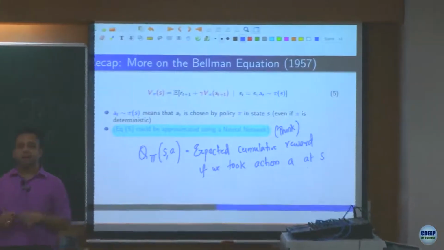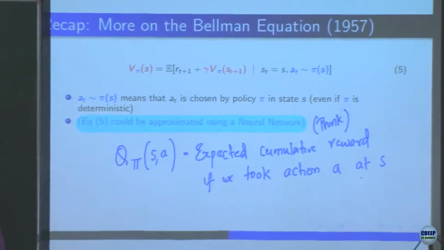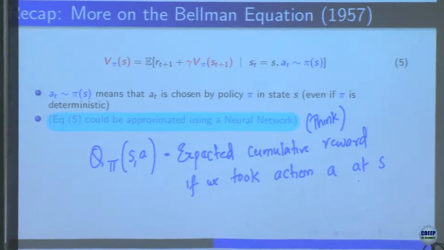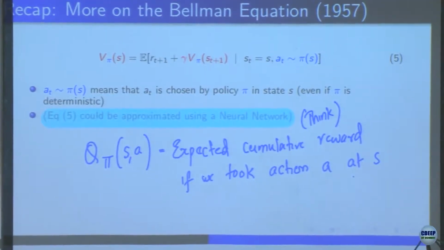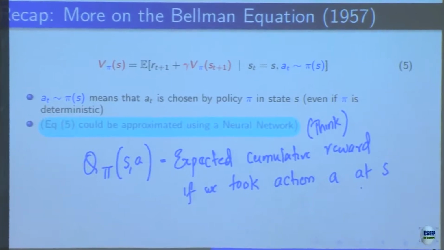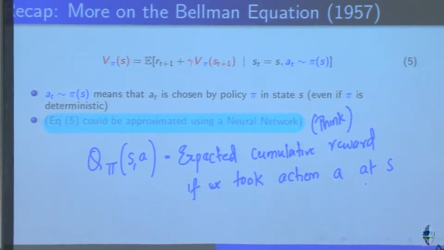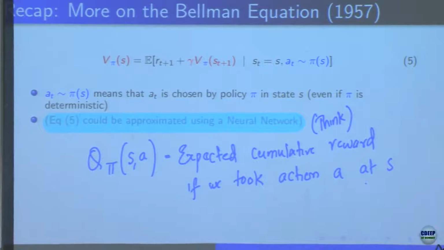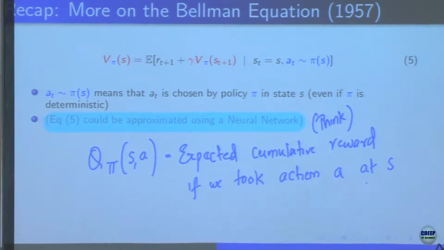Modeling the policy, estimating the parameters of the policy, can be done using a neural network, but the problem we are still talking about is how, given some value function, given some reward function, do I find the best policy? We are still talking about a planning problem. Finding the best policy is a planning problem.